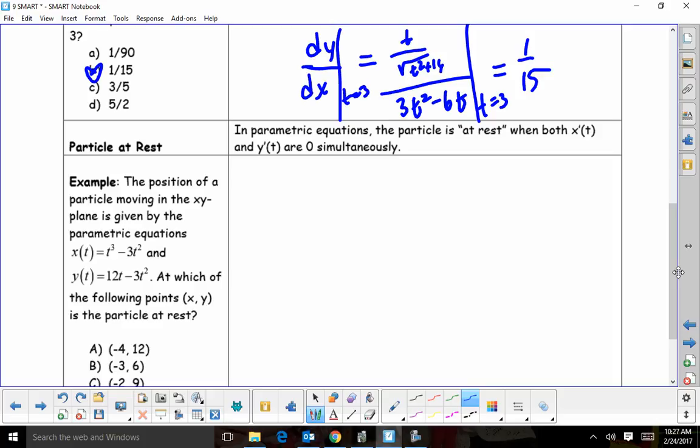I want to know, where's x prime of t equals 0 and y prime of t equals 0 at the same time? That's where the particle is at rest.